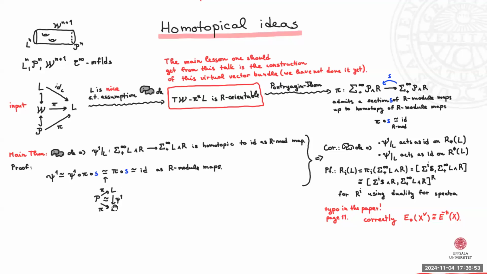That tells me, okay, if I have psi1 and pi, I can kill it and have just pi there. So we have this one. But now we again use this section here, and we get the homotopy as R module maps, and that's the proof.